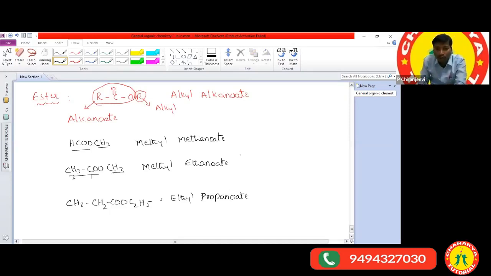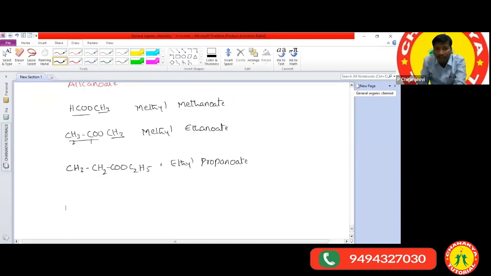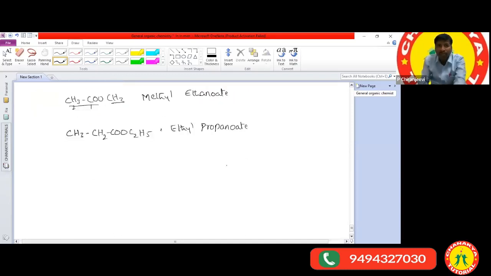Next, if I change this slightly by taking one substituent, for example, if I write the same structure like this: CH3 bond C bond CH3, H bond COO C2H5.